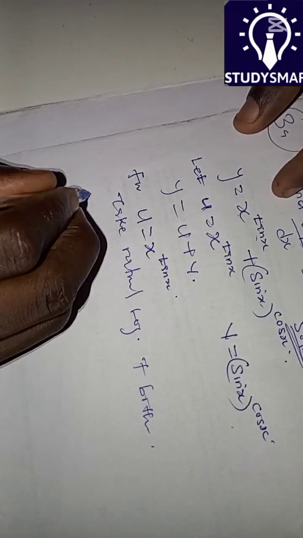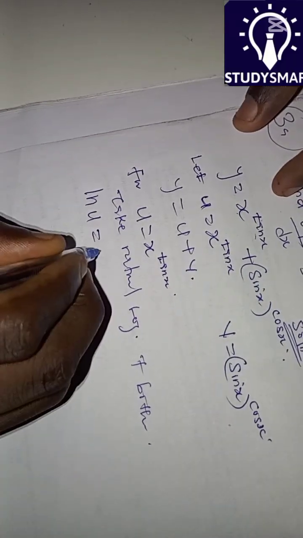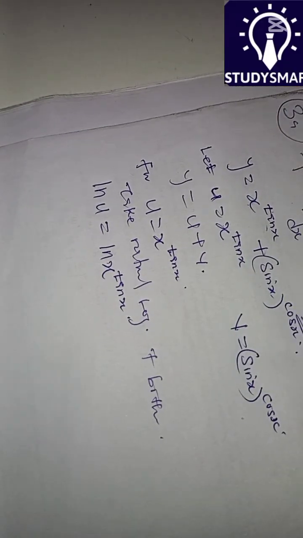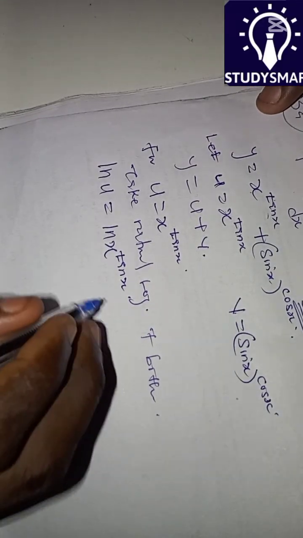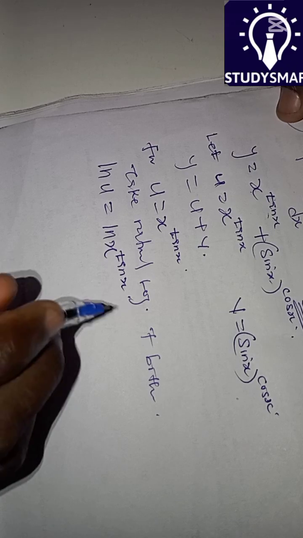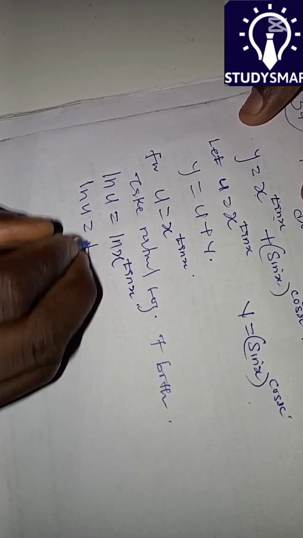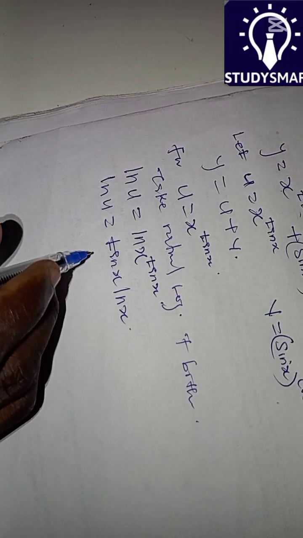If we do that, we'll have ln u equal to ln x to power tan x. From our basic knowledge of logarithm, when you have log a to power b, it also means b log a. So from the same concept, we have ln u equal to tan x ln x.